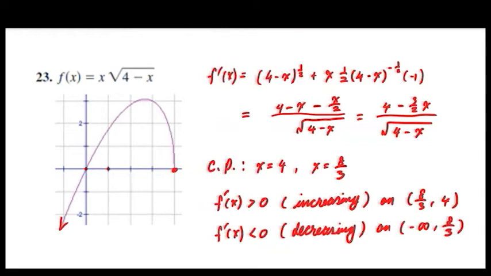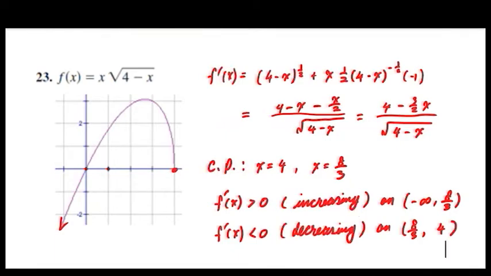Did I put it backward? Yes, I did. Oh my God. Because dividing by a negative. Yesterday I put up one thing backward. Have you noticed it? Thank you. So it's increasing from negative infinity to 8 over 3, and decreasing from 8 over 3 to 4. So far so good. Notice that I'm always using parentheses on both ends.